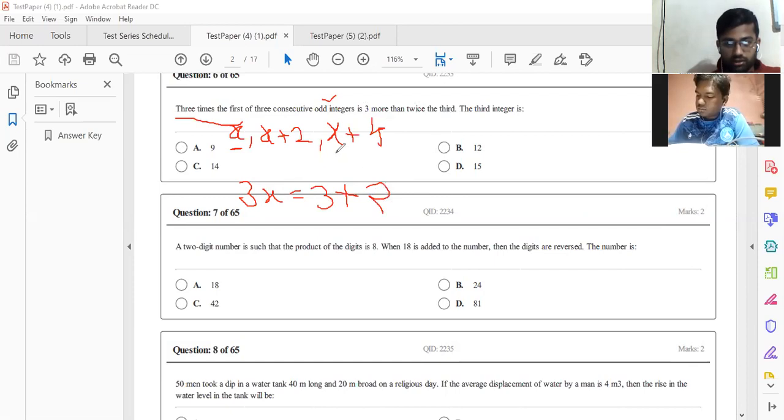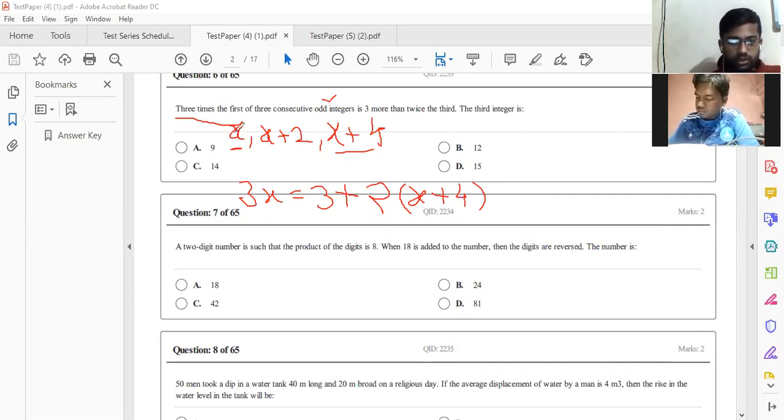Twice the third. The third odd integer is x plus 4. So twice x plus 4. Clear? Now solve this and find out the value of x.